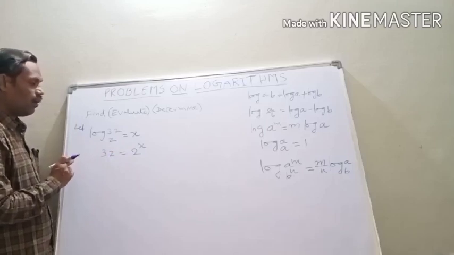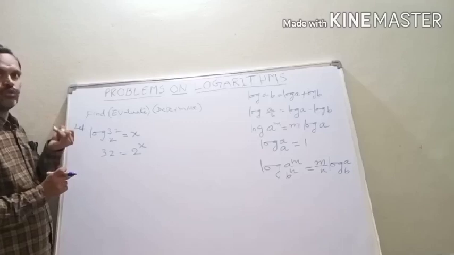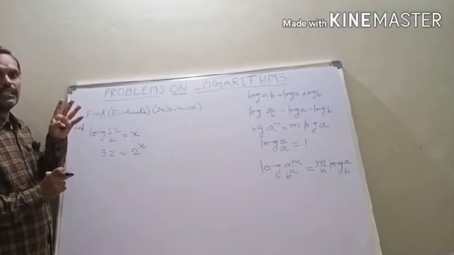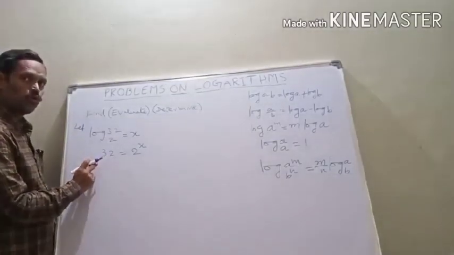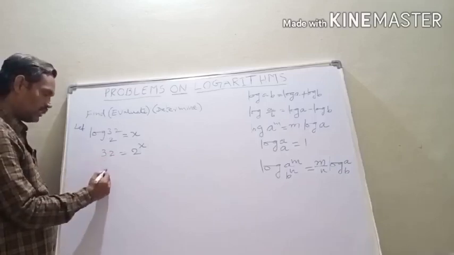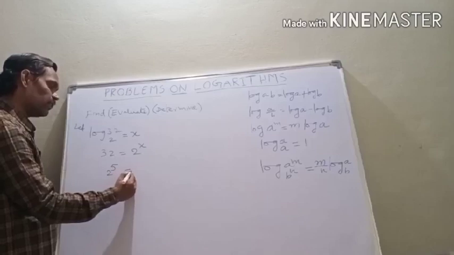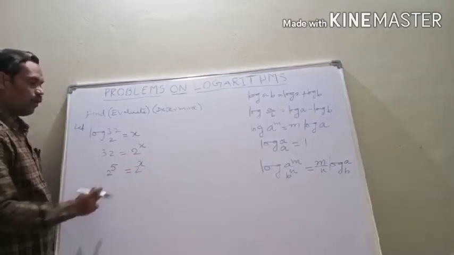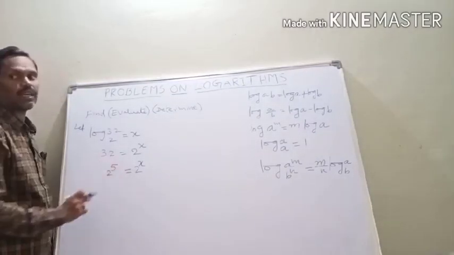So how many 2's give 32? 2 2's are 4, 4 2's are 8, 8 2's are 16, 16 2's are 32. If you multiply 2 with 2 five times, you will get 32. So this 32 can be written as 2 to the power of 5, that is equal to 2 to the power of x. Now we have both sides in exponent form and both bases are equal.